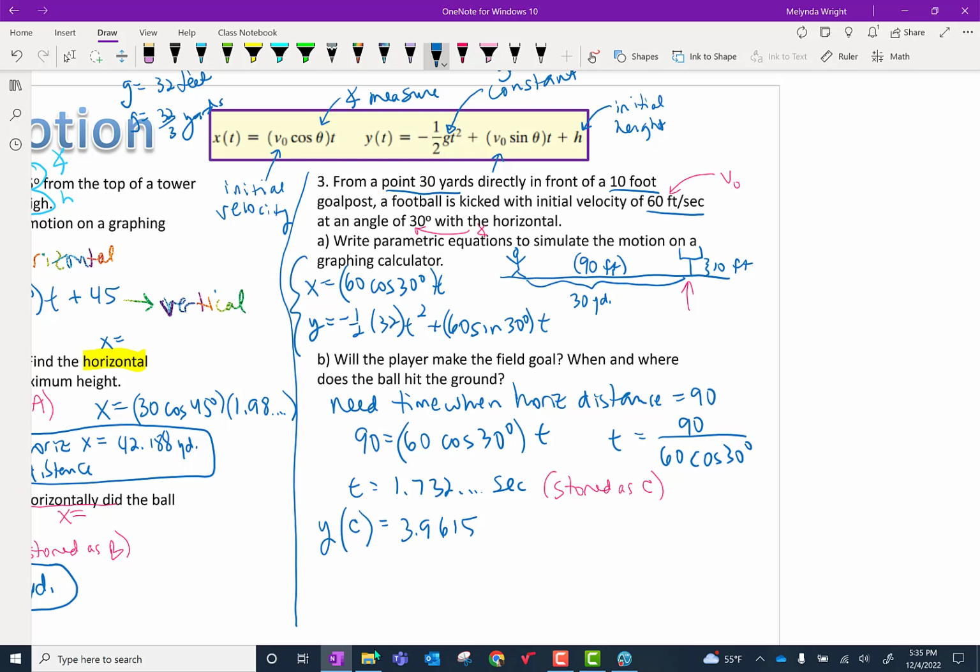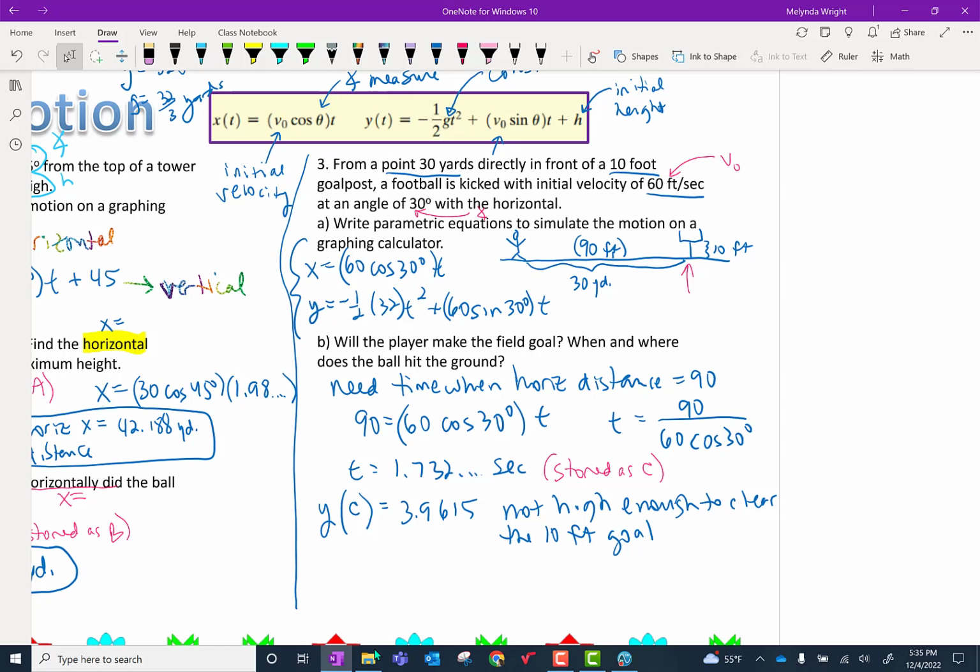Ooh, the goalpost is 10 feet high, so that is not high enough to clear the 10-foot goal. It's not high enough, so they don't make the goal.